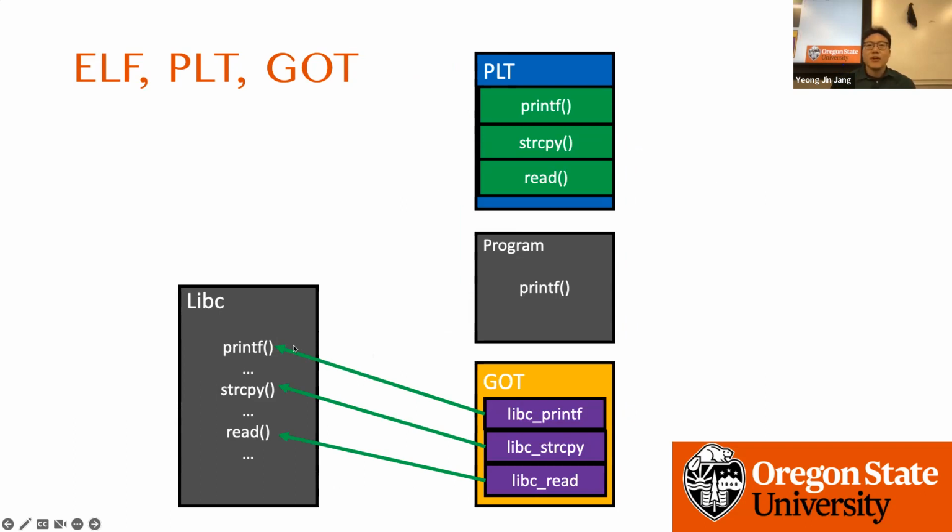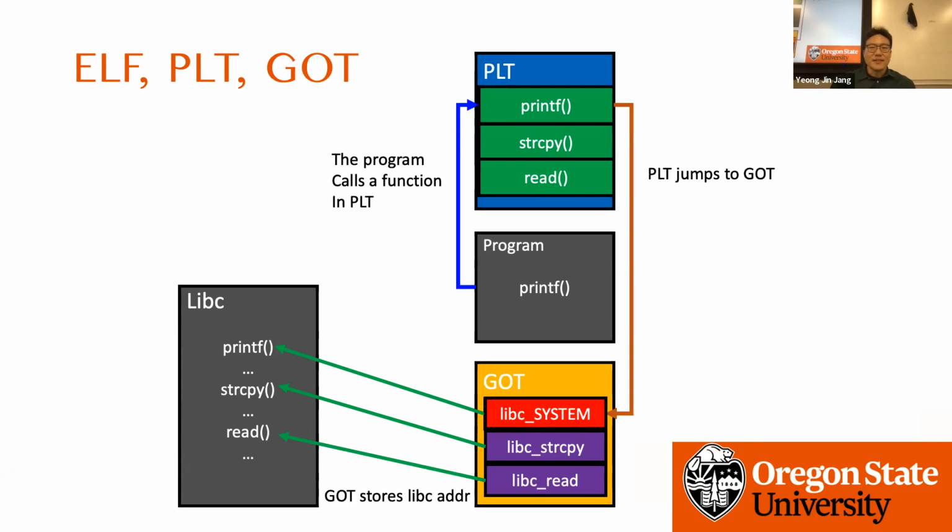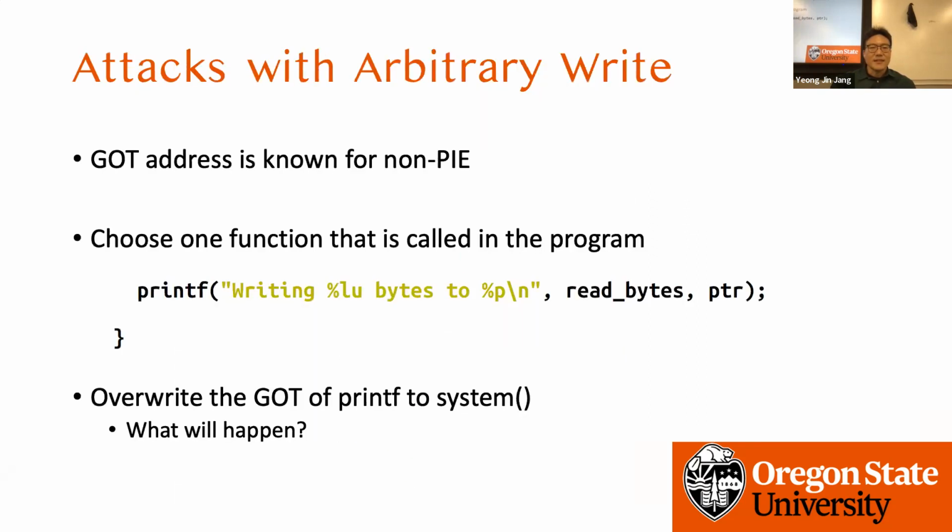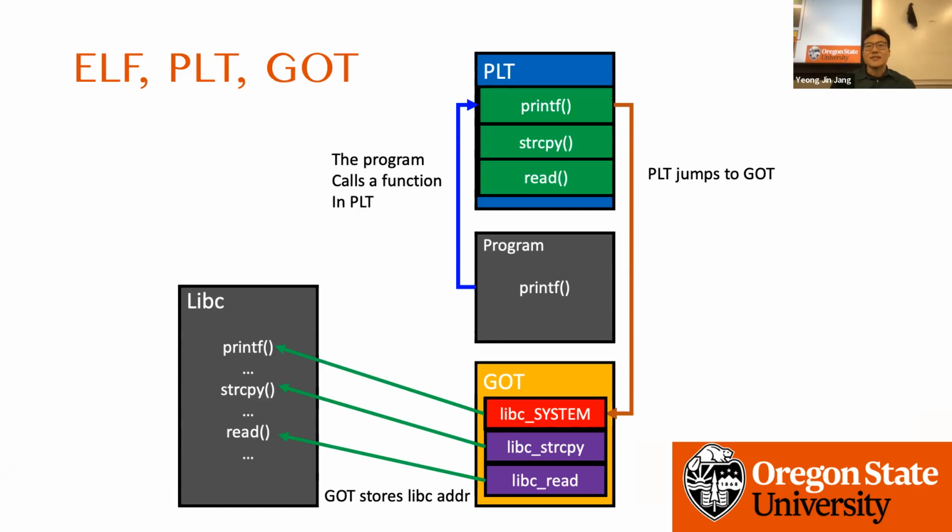But suppose you launch the arbitrary read to collect the data, do the recon, and overwrite the printf GOT entry with system. Then whenever you call printf, it will call system. This is how you can launch control flow hijacking using the arbitrary write.